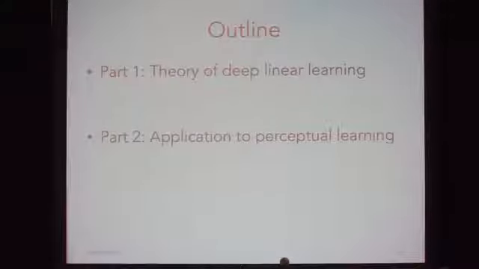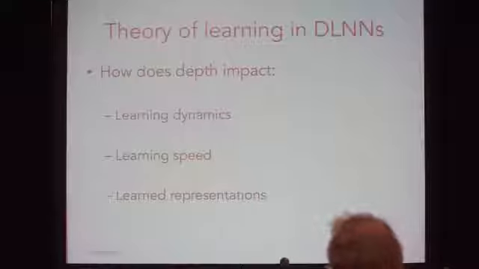So the bulk of this talk is going to be an attempt to give such a theory for a simplified model class. And then that will be sort of general points, so I'll specialize it and show that you can specialize it to specific experimental paradigms to get very specific predictions for individual experiments. Okay. So what do we want from a theory?